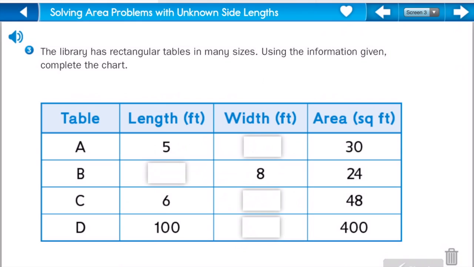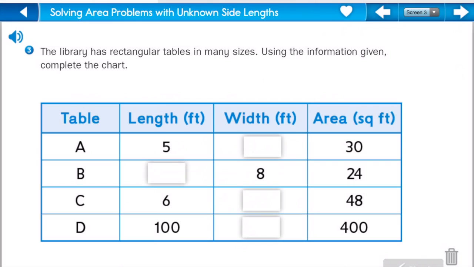Okay. So the library has rectangular tables in many sizes. Use the information and complete the chart. So, table A, the area, so I know the whole thing. I know the whole thing is 30. So now I'm going through, and I got to think about my facts.